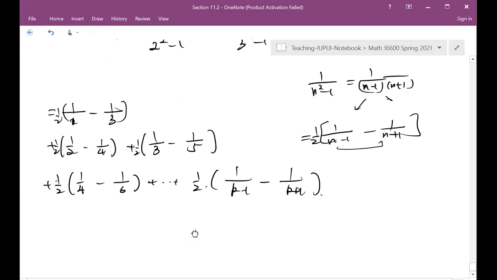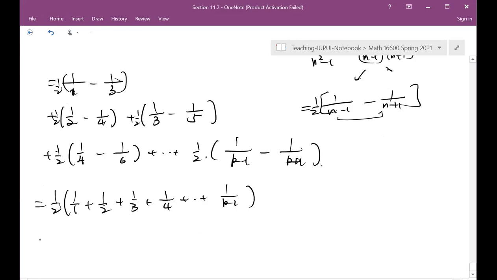It's harder to cancel all the terms, but look at the first term in each parenthesis: 1 over 1, 1 over 2, 1 over 2, and 1 over 3, 1 over 4, and keep it going.